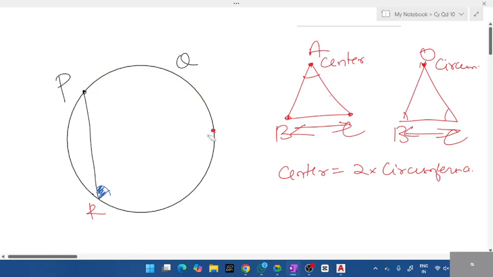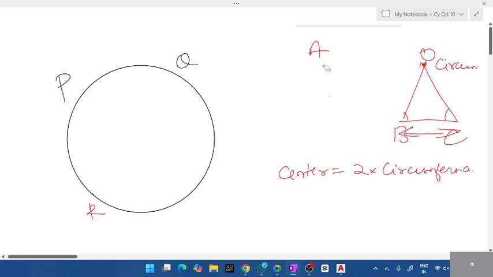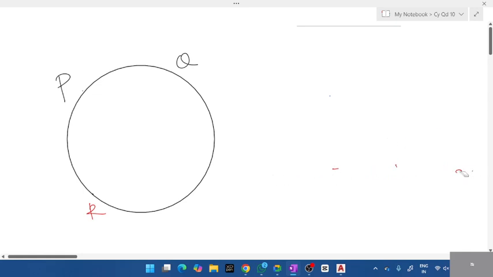See, one theorem is related to center and circumference. The next theorem is related to two triangles formed on the circumference. That is two segments. Let me take like this.